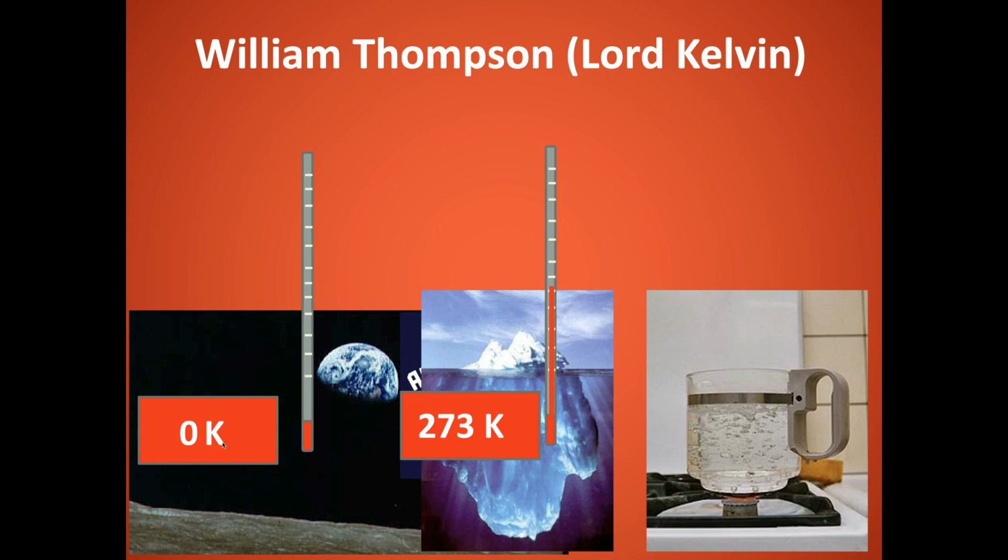The boiling point of water is 100 degrees Celsius, which is 100 degrees above the freezing point. So this would become 373 Kelvin. So the Kelvin temperature will always be 273 above the Celsius temperature.